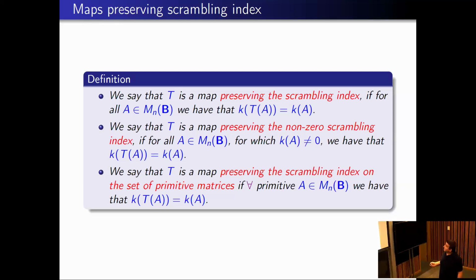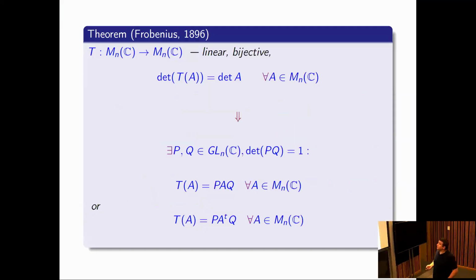And preserving is just this condition here. Of course, it is not like positivity in any sense, but this is just a number. But the same questions appear: what are the maps? And there is a whole theory of such maps, which goes back to Frobenius, who considered linear bijective maps preserving the determinant and characterized them completely via this standard form.